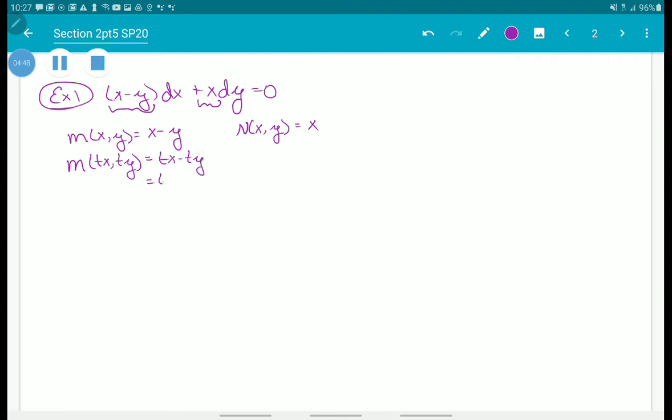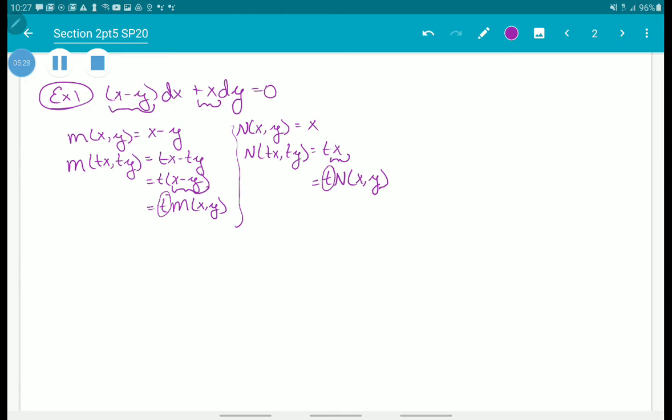And notice we could factor a t out, and that's going to leave us with x minus y. And that is our m that we started with. If we look at n, and we substitute in, again, tx, ty, we're going to end up with tx. So that's the same thing as t times n of xy. So we've shown this is homogeneous, and the degree would be 1 because that is the exponent on the t.